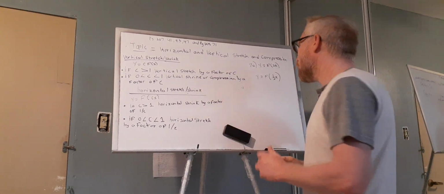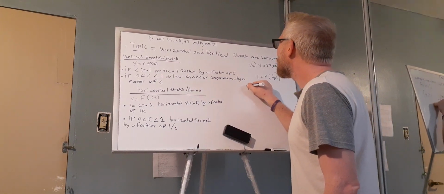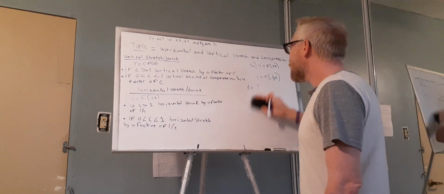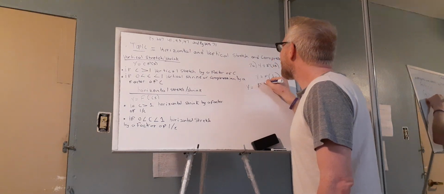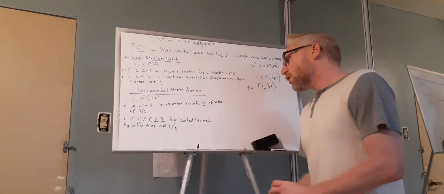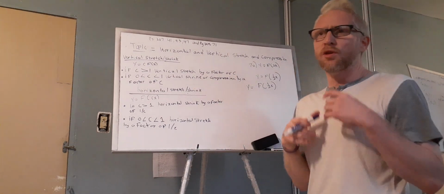7b on page 204 has the function y equals f of 1/2 x. So we're going to look at the conditions to see if it satisfies a stretch or a shrink.